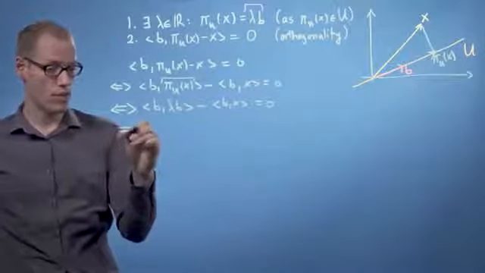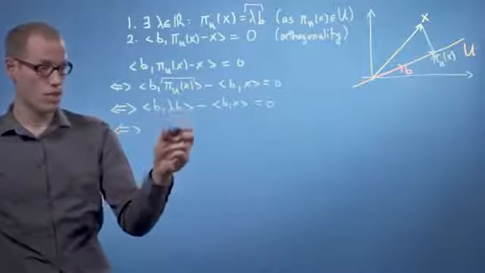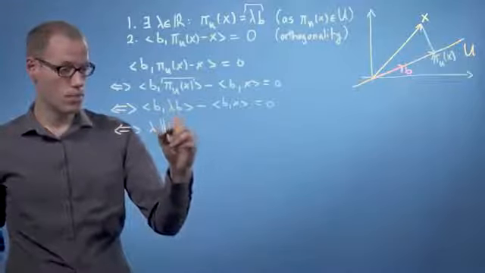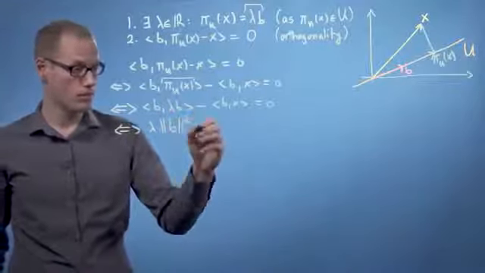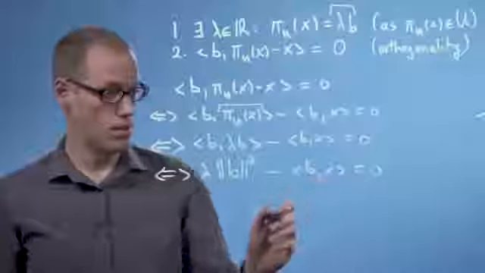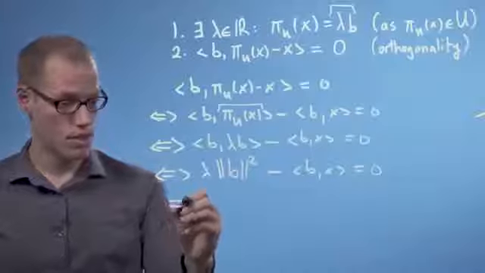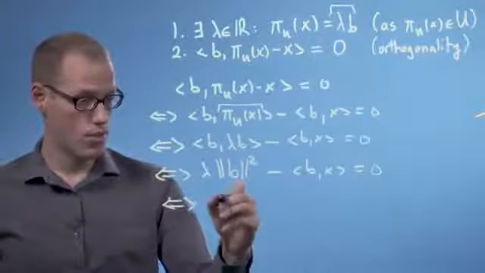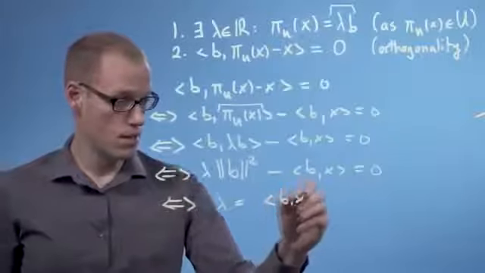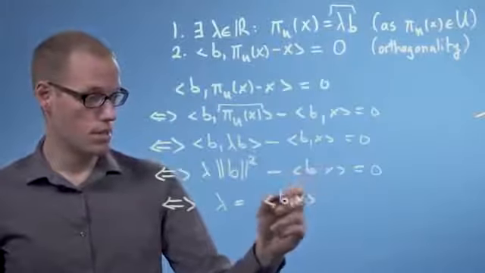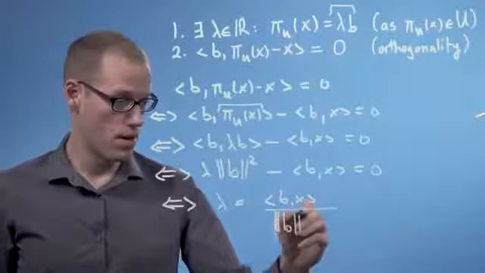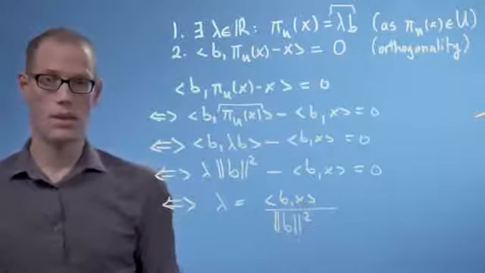Now we can move the lambda out again because of the linearity of the inner product, which is then lambda times the squared norm of b minus the inner product of b and x must be 0. And that is equivalent to lambda being the inner product of b with x divided by the squared norm of b.